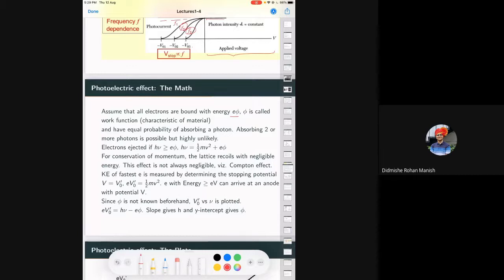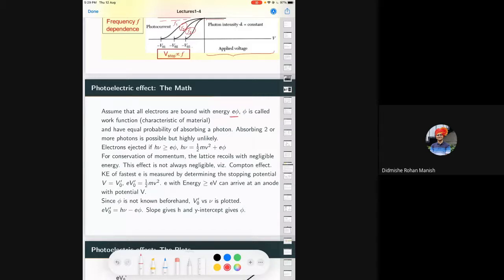So that has the unit of a potential. And so charge times potential is energy, and E phi is then the binding energy. So that much energy is necessary to free the electron, and then whatever excess is available in the photon is transferred to the electron as its kinetic energy. Okay. And Einstein said that every electron absorbs only one photon.